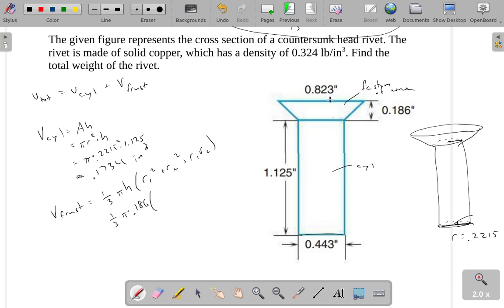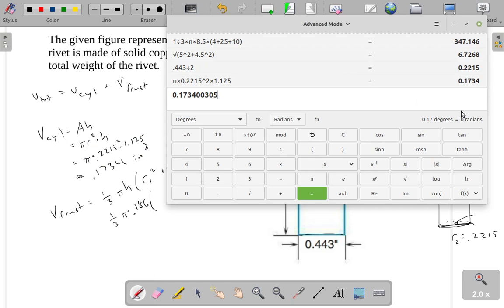R1, I'm going to take whatever this radius on the top is to be R1. It looks like I need to actually figure that out. That means this is R2. R1 must be 0.823 divided by 2, which is 0.4115.